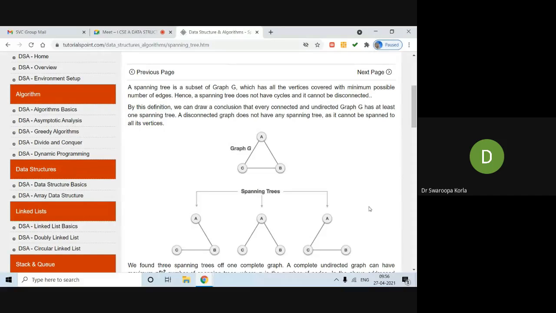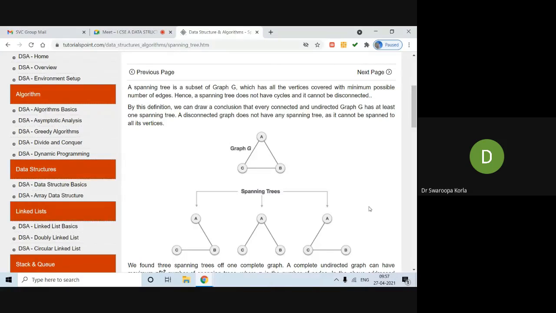But here, a spanning tree should cover all the vertices of the graph with a possible minimum number of edges. Minimum number of edges, very much important. In a graph, we have vertices and edges.